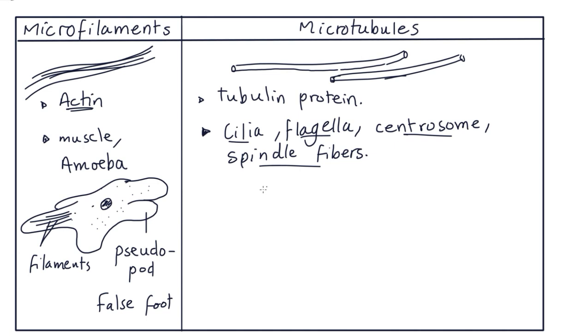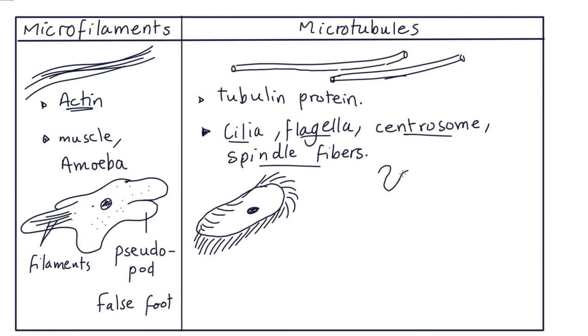Look here. This is a tiny living organism called Paramecium, and it moves with the help of the cilia in front of you. And this is another unicellular organism called Euglena, and it has a flagellum.